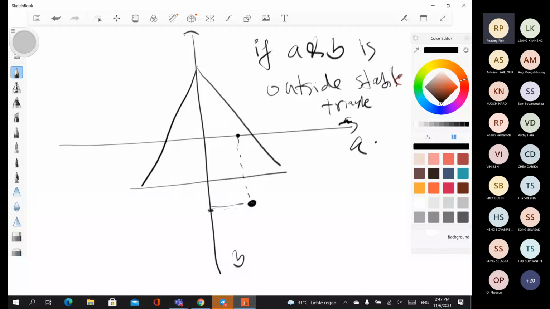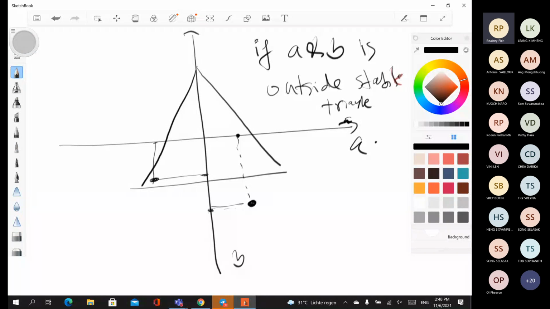But do you see whether A is outside the stable triangle or not? No, A is not outside, but B is outside. So in this case, it can still be used. And for example, if something like this or something like this, can it be used or not? It cannot be used.